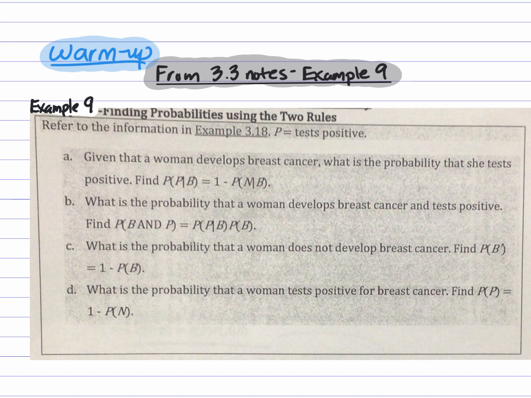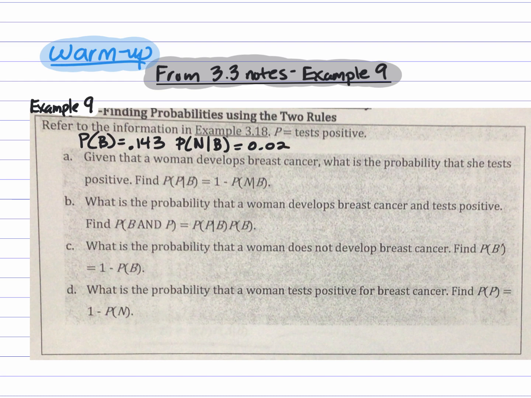All right, so the probabilities that I needed from the other example were this. First, we had the probability of a woman who is 90 years or older of getting breast cancer, and that was 0.143, 14.3%. The probability of a negative test given that you have breast cancer, they said, was 0.02.